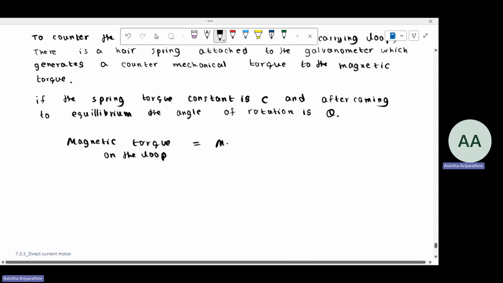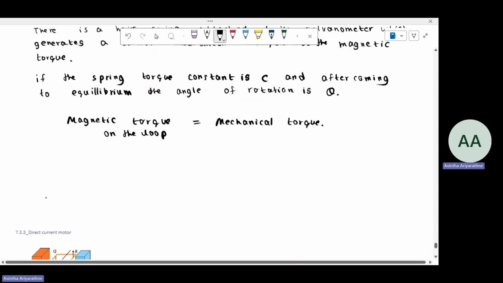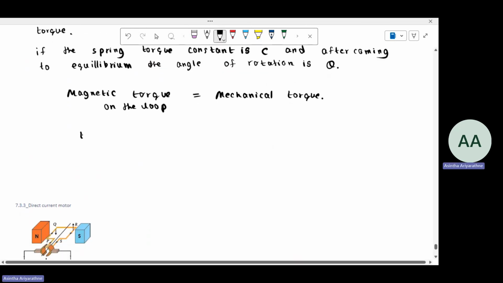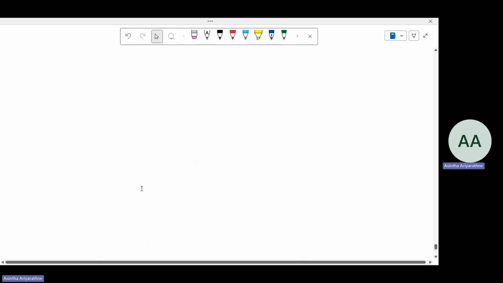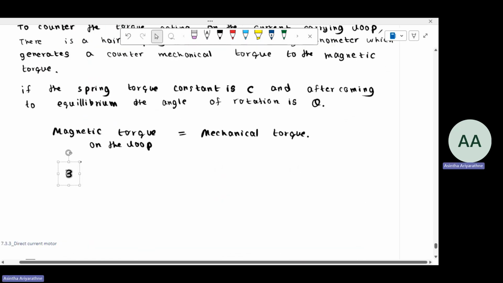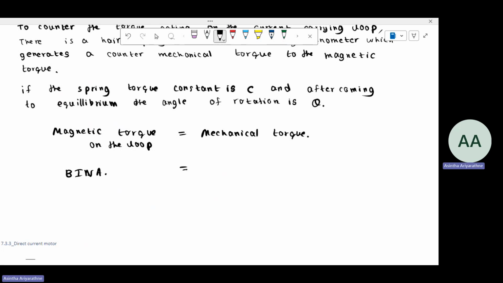Magnetic torque is equal to mechanical torque. So magnetic torque is BINA, right? Here the maximum magnetic torque is applied. Mechanical torque is the mechanical constant into theta.